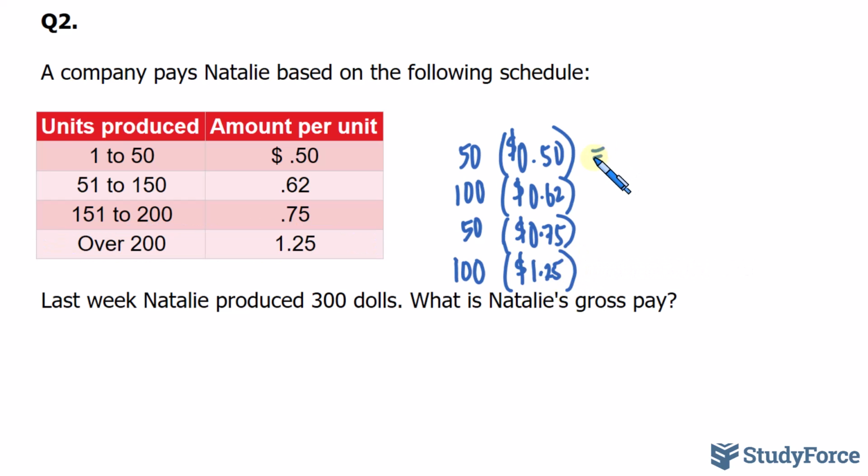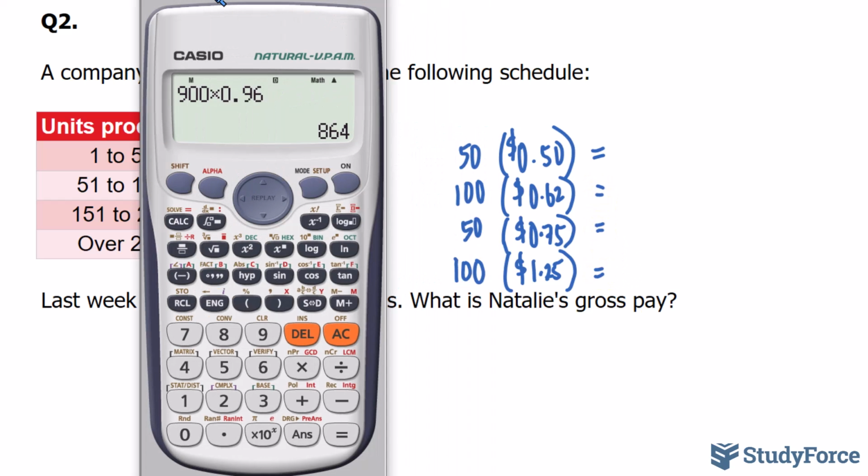And what we're going to do is calculate each of these and take their sum, that is, add them up. So watch this. 50 times 0.5 plus 100 times 0.62 plus 50 times 0.75 plus 100 times 1.25.